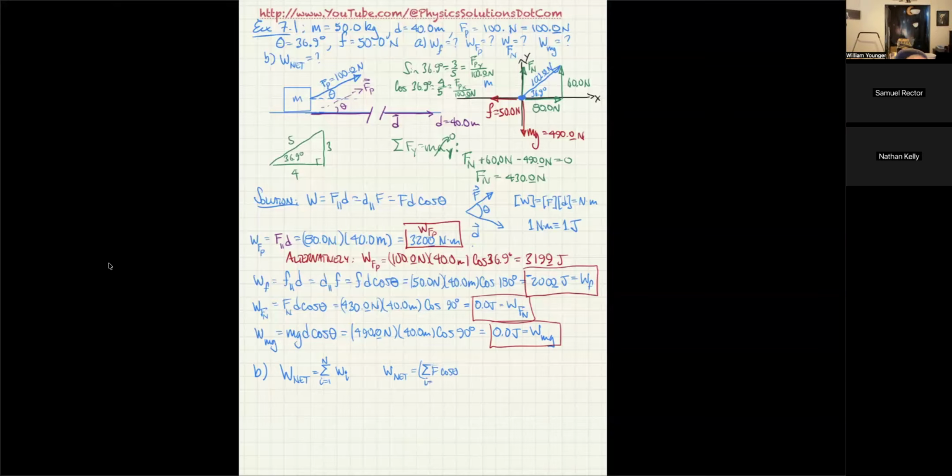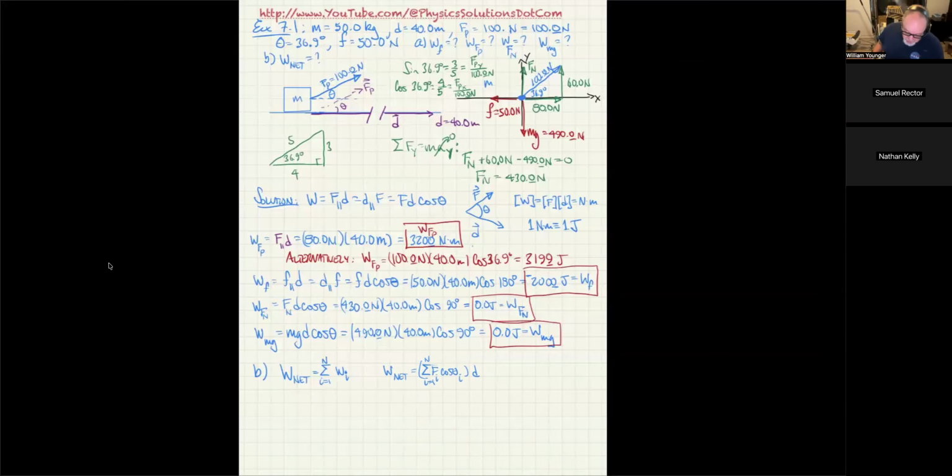Summation from i equals 1 to N of F sub i cosine theta sub i times d. So that's another way you could do it. You sum up all the components of the forces that are parallel to the displacement vector, add all those up and then multiply that by the magnitude of the displacement, and that would give you the scalar quantity that is the work. So that's two ways we could do the W net, and that's going to come in handy later.